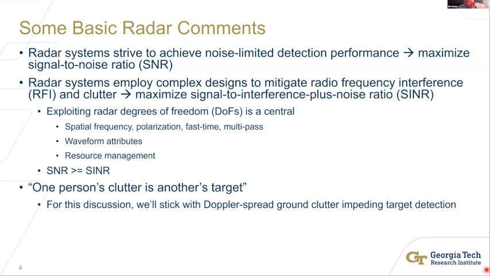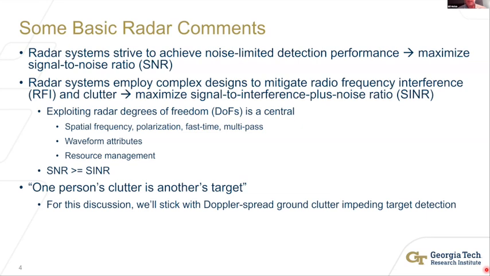Radar systems use very complex designs to mitigate radio frequency interference and clutter. The primary focus then becomes maximizing output signal to interference plus noise ratio, and the way this is done is by exploiting radar degrees of freedom as a central tenet.